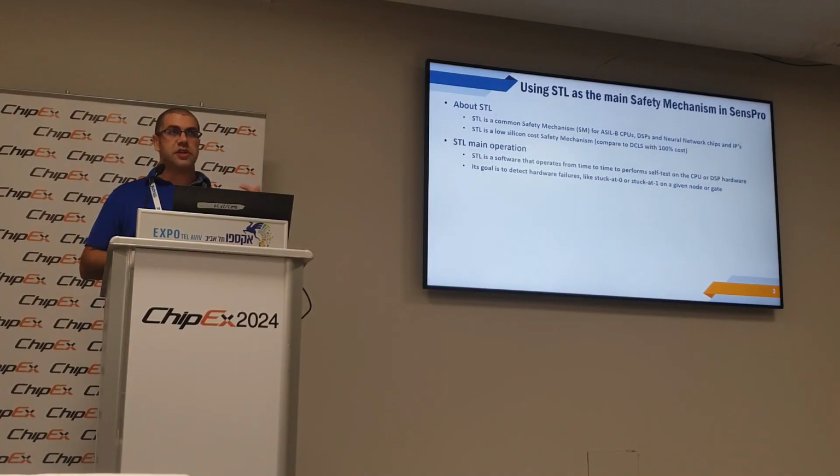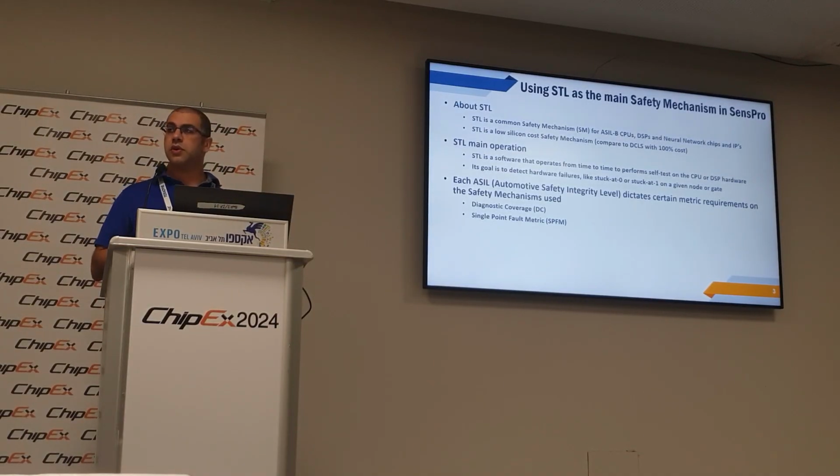The main operation is that you can run a software several times during the work of this chip, and the idea is to check whether an error happened in this chip or not. The software should detect random faults like stuck-at-1 and stuck-at-0 on a given gate or a given node.